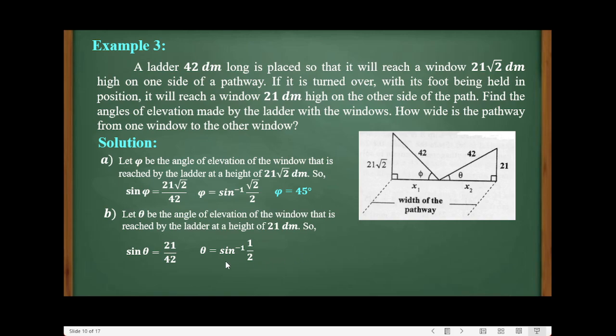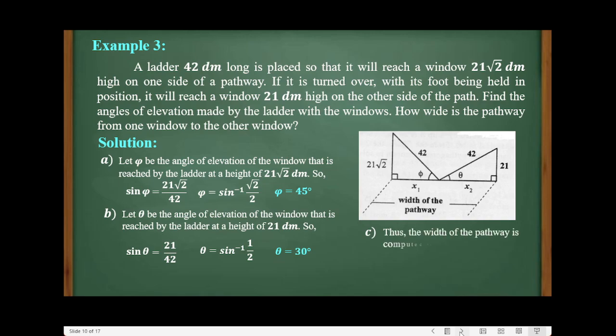So to get theta, that is arcsine of 1 half, and we know that is equal to what? 30 degrees. So therefore your theta is 30 degrees.